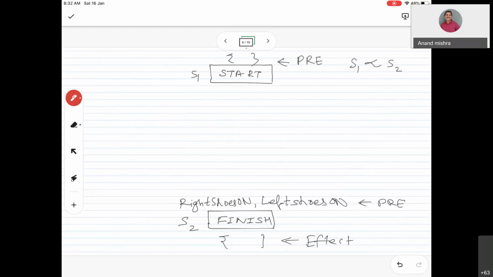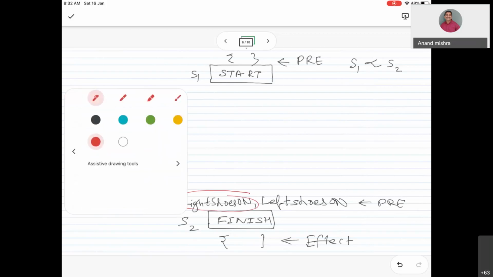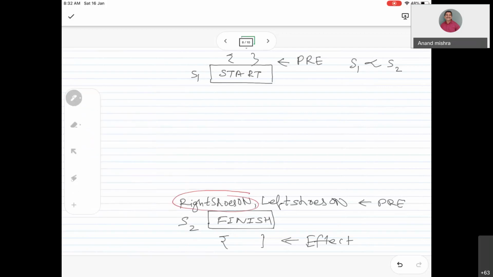So let's look into the preconditions, like left shoe on. This is a precondition. This is satisfied. This is not satisfied. What will satisfy this precondition? This precondition will be satisfied by some action.